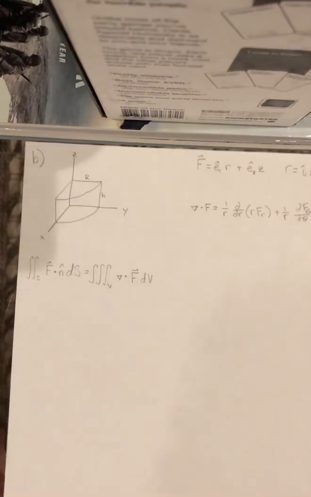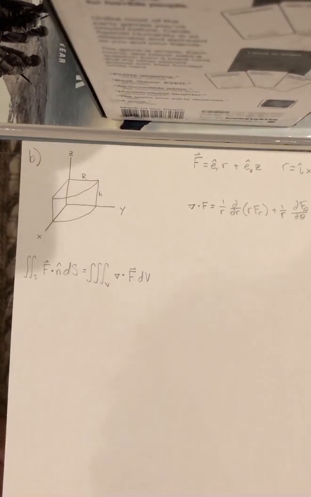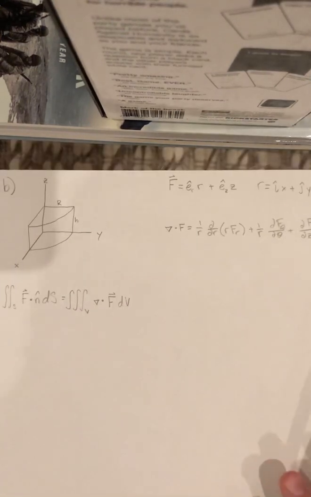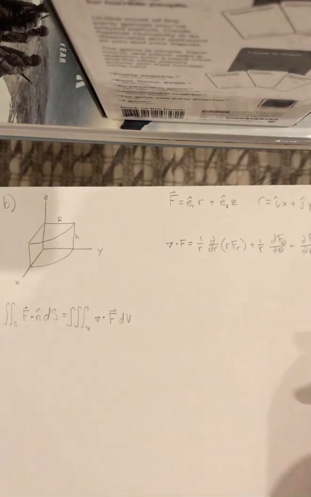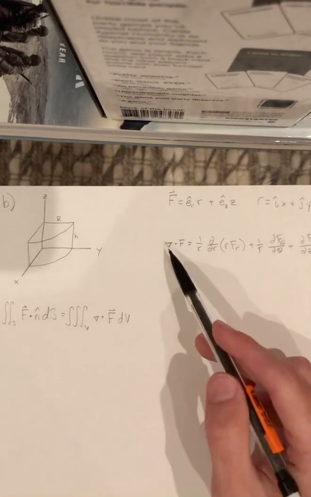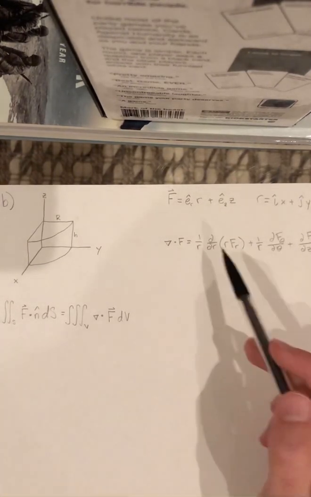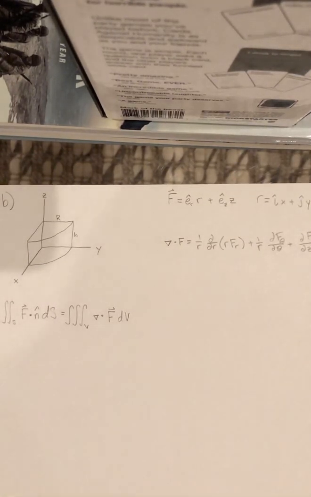Next up, we're going to be looking at part B, which is going to be part of a cylinder. Similar to the last one, we have our two starting functions. Del dot f is going to be similar to the way we did in Cartesian, but slightly different for cylindrical coordinates.